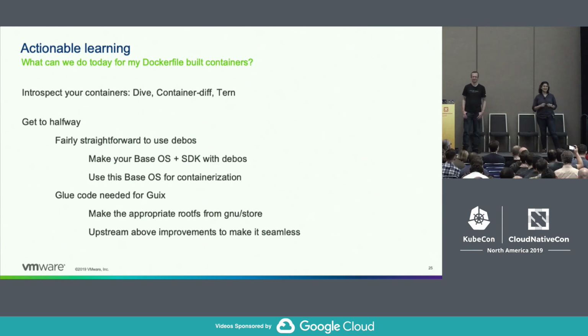Guix has a lot of potential in creating container images that are just enough with the app and the dependencies, but you need to write a lot of glue code in order for it to get there. It's kind of like it's almost there, but it needs this last mile.